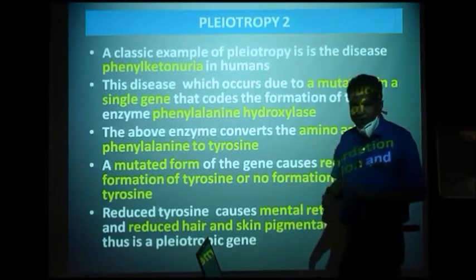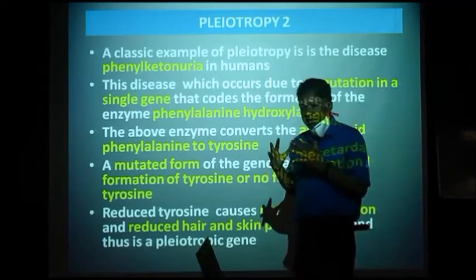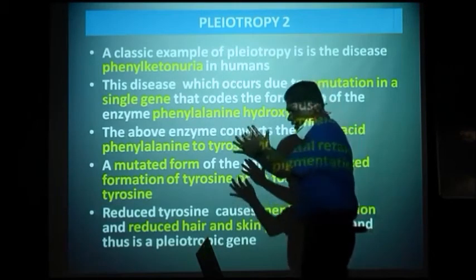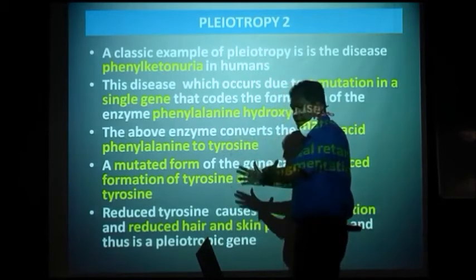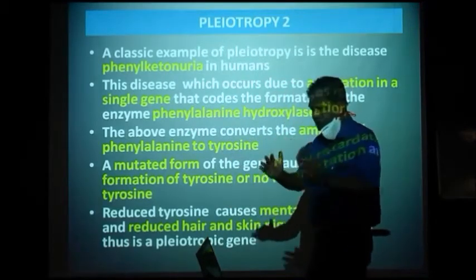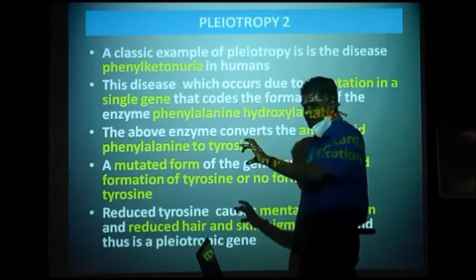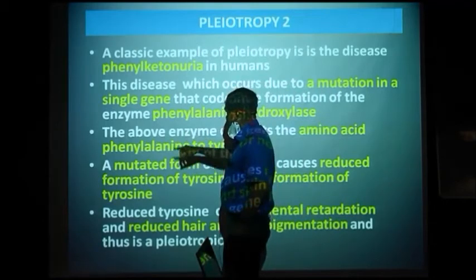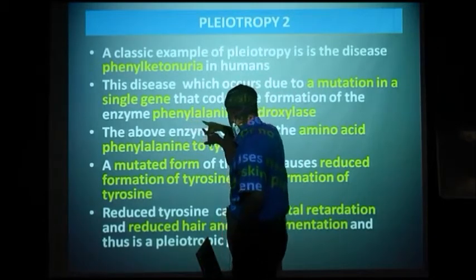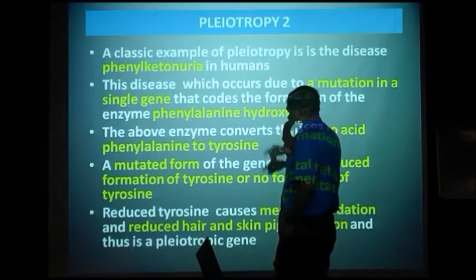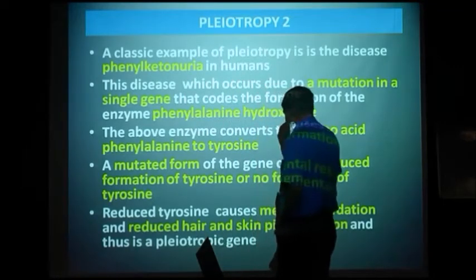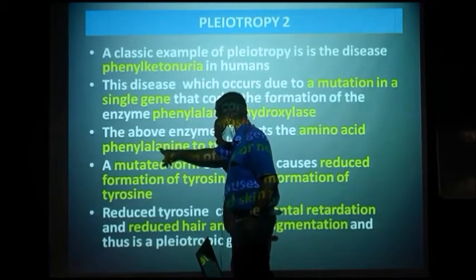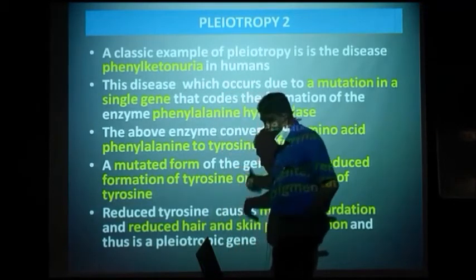Enzymes are the units which act on a substrate and help in converting it to another thing. A substrate is converted to another thing in the presence of the enzyme. Here, the gene responsible for phenylalanine hydroxylase acts on phenylalanine, the amino acid, and hydroxylates it.